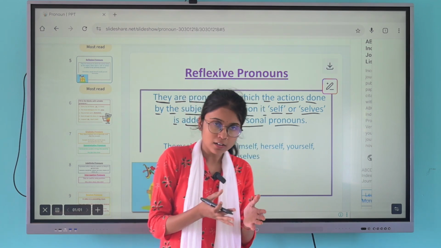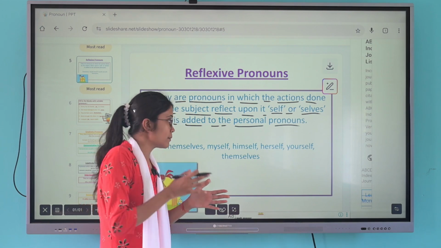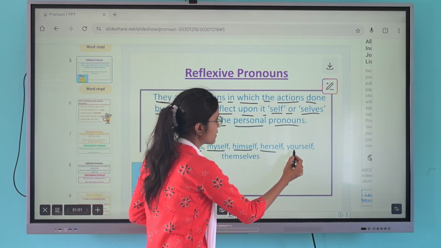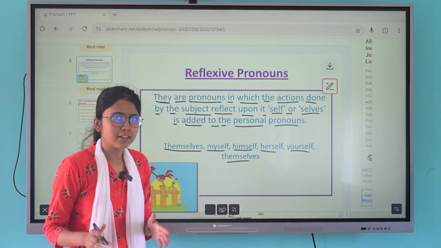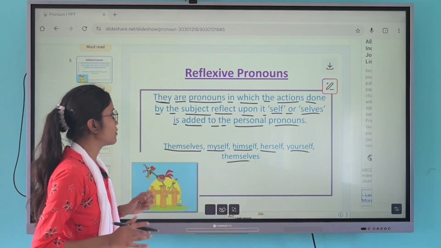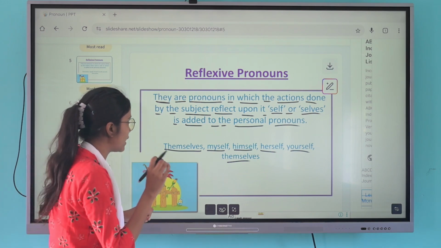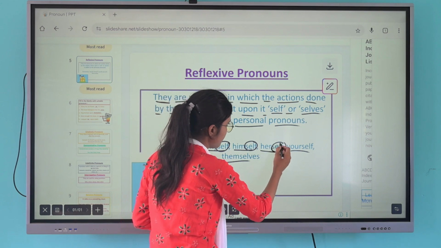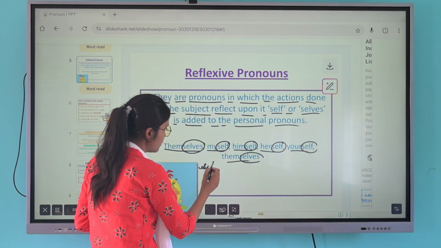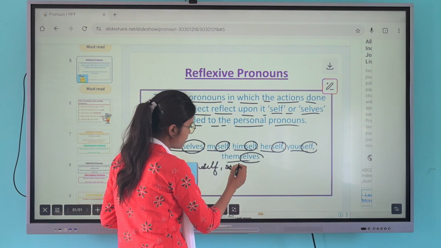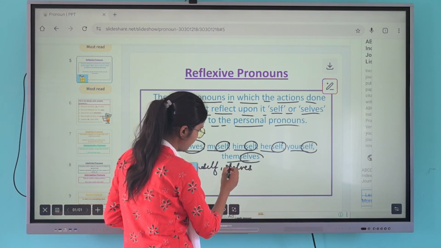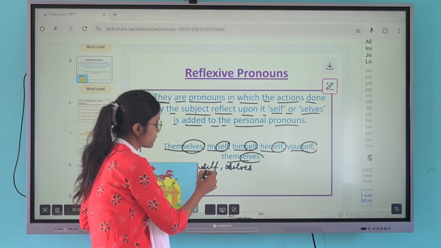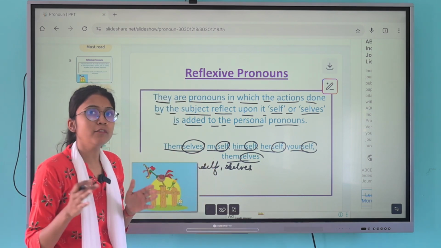Myself, himself, herself, yourself, themselves are examples of reflexive pronouns. So how will you identify the reflexive pronoun? By these words simply. It's a trick: if we place self or selves at the end of the word, it will be an example of a reflexive pronoun.